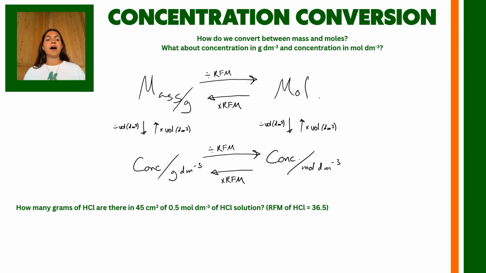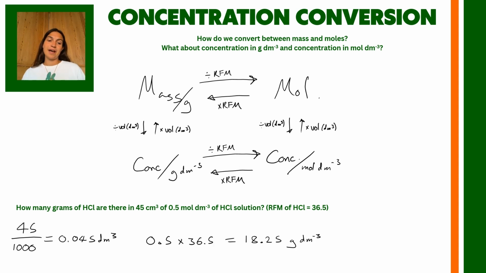And at the minute, I've got moles per decimeter cubed for my concentration and centimeters cubed for my volume. So I need to change that volume so that it's in decimeters cubed. And from our previous slide, you need to know that in order to do that, you divide by 1,000 to get from centimeters cubed to decimeters cubed. So let's do that. 45 divided by 1,000 is 0.045 decimeters cubed.